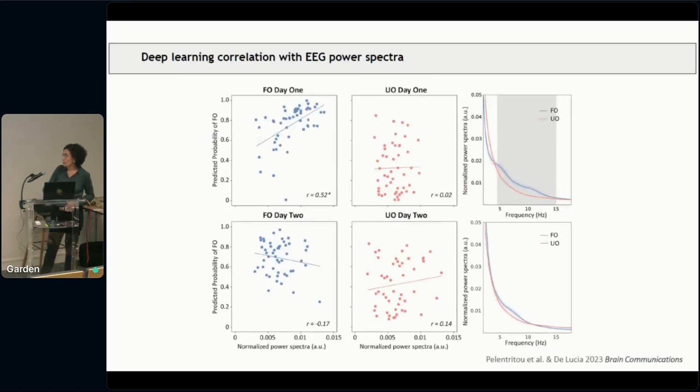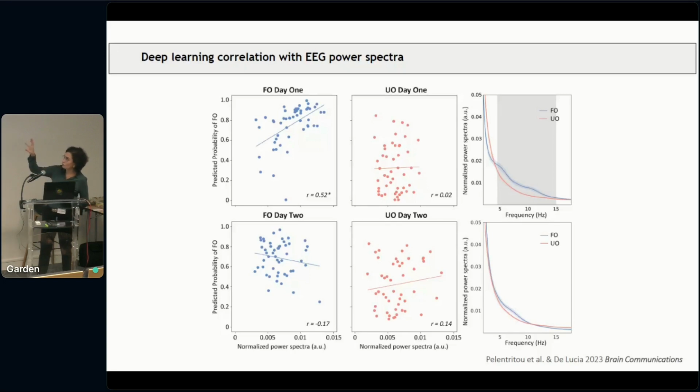And finally, we also look at more intuitive types of features, global features of the EEG, such as power spectra, whether the confidence of the deep learning analysis could relate to that. Basically, what we extracted is the power spectra between 5 and 15 hertz that we separately assessed to be quite informative about the difference in favorable and unfavorable outcome patients.